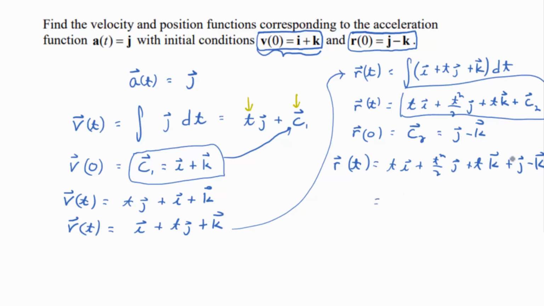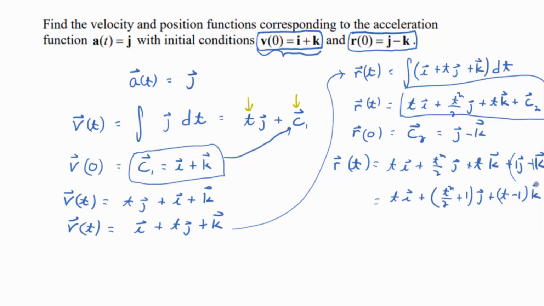So really, you have to focus on this guy right here, right? So ti doesn't change, does it? What's the j component become? t squared over 2 plus that 1 right there, and then put the j right by it. And then plus, what does the k become? t minus that 1 right there.